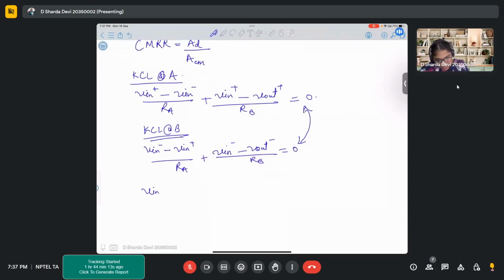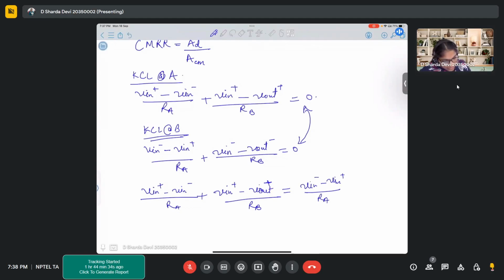So it is (Vn plus minus Vn minus)/RA plus (Vn plus minus V out plus)/RB is equal to (Vn minus minus Vn plus)/RA plus (Vn minus minus V out minus)/RB.